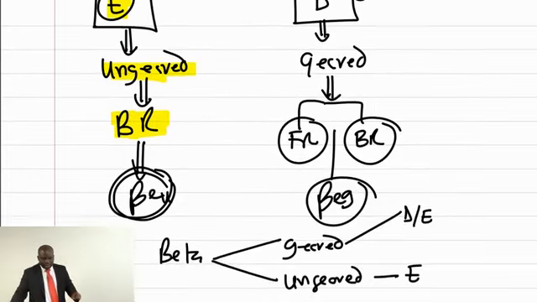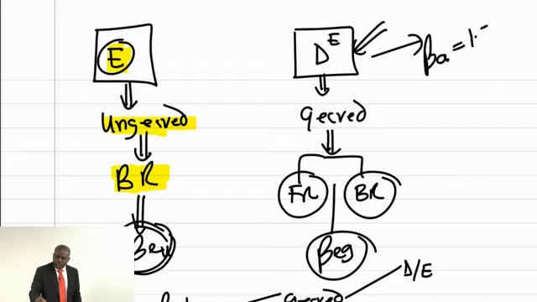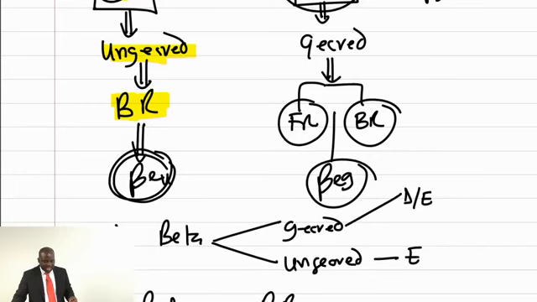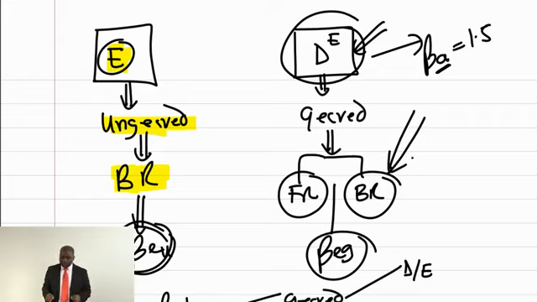So this company here, which is geared, I can tell you this company's asset beta is equal to 1.5. What I have told you is that even though this company is geared, because I have mentioned asset beta, that 1.5 is measuring only business risk.